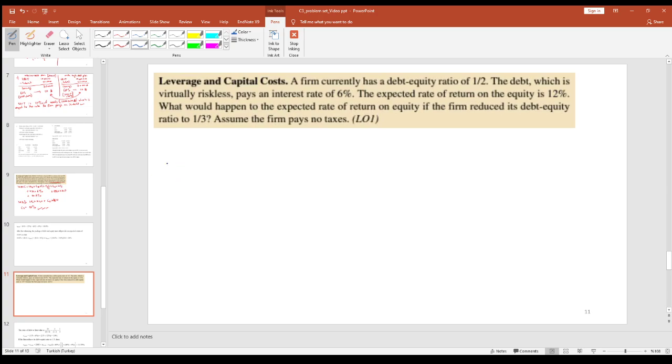So here, again, you need to calculate weighted average cost of capital. Well, remember, weight of debt times cost of debt times 1 minus tax rate plus cost of equity times weight of equity.